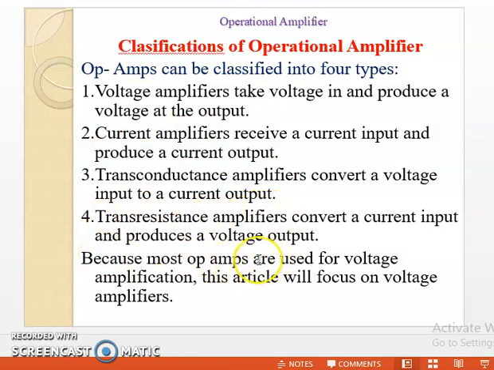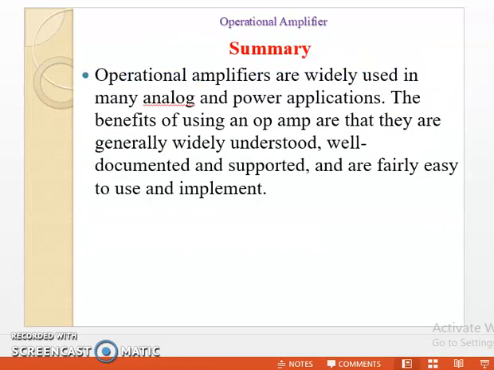Because most op-amps are used for voltage amplification, this lecture will focus on voltage amplifiers. These various categories we have seen in the last lecture. Now let us summarize what we have seen in the previous lecture.